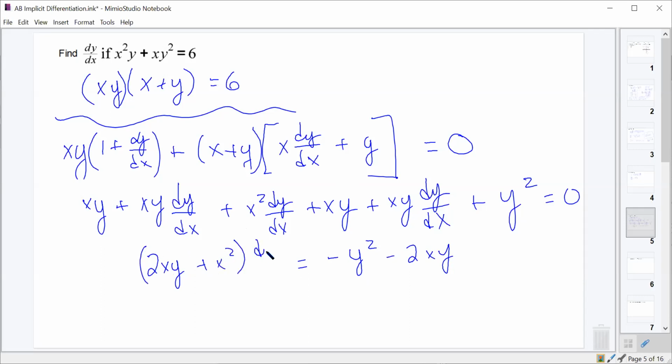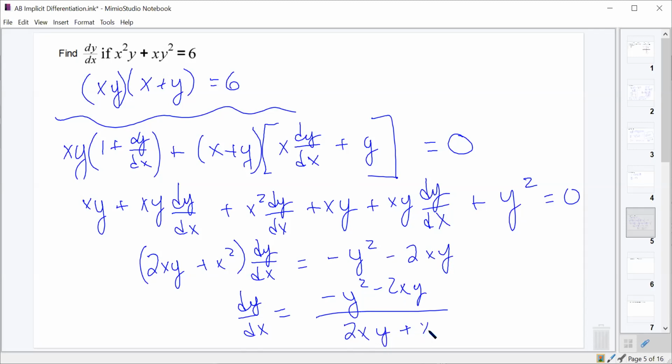All of those have a dy dx in them, so I can factor out the dy dx. Get dy dx equals negative y squared minus 2xy over 2xy plus x squared. Good or no?